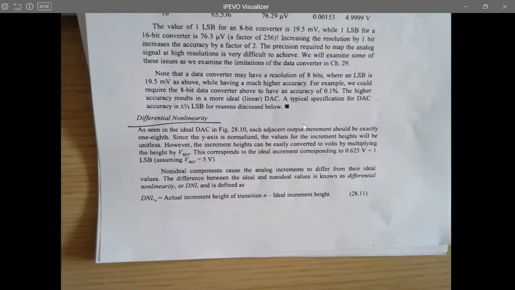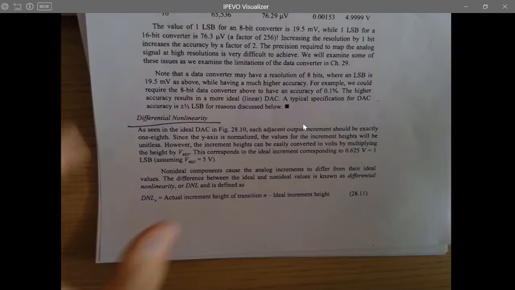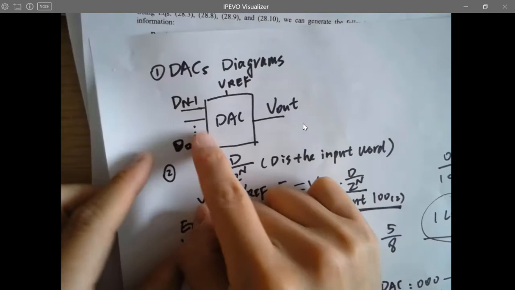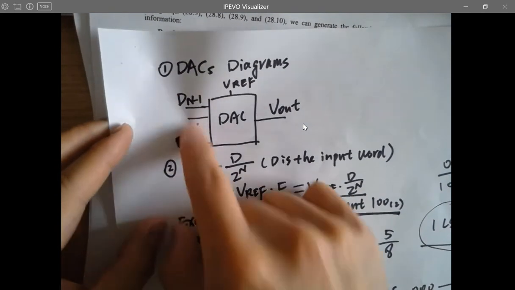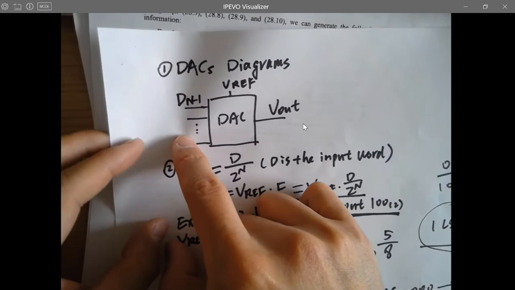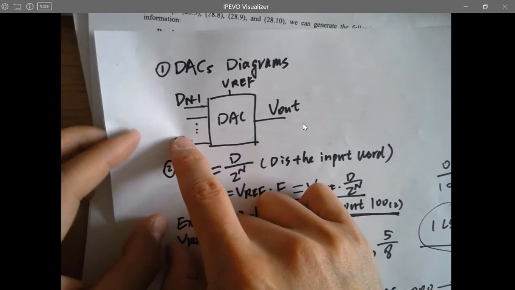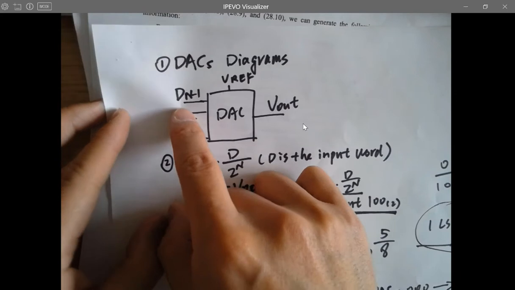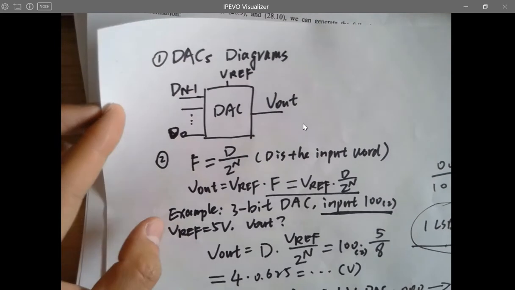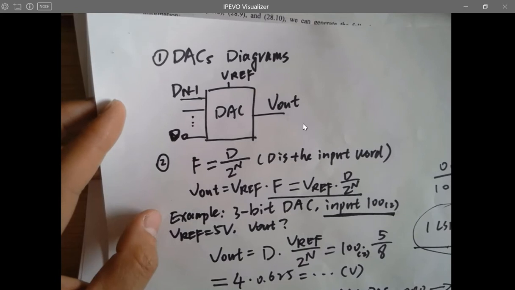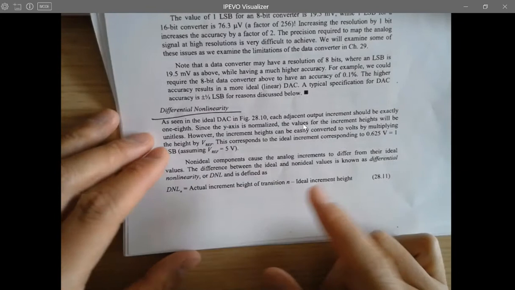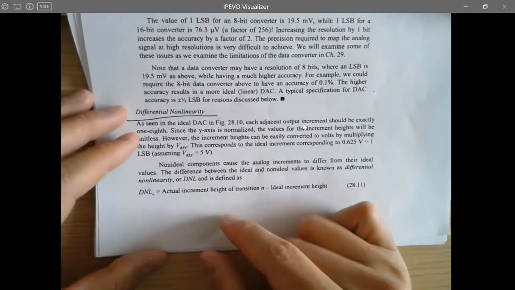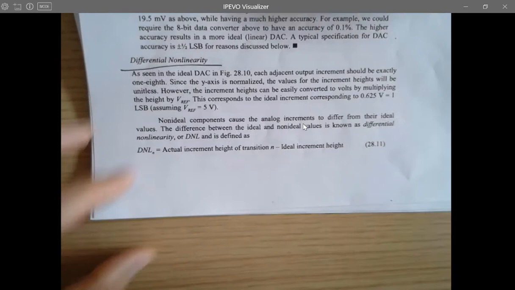No, it has to be 1 LSB every time because that's the resolution. The input signals, if you look at the diagram, are 1s and 0s. So how can I get a 0.5 LSB? No, the minimum increment will be 1. So every step will be 1. It's going to be 0, 0, 0, 0, 0, 1, 0, 1, 0, like that, every increment. However, sometimes because of the imperfection of the design, you cannot get 1 LSB increment height every time.